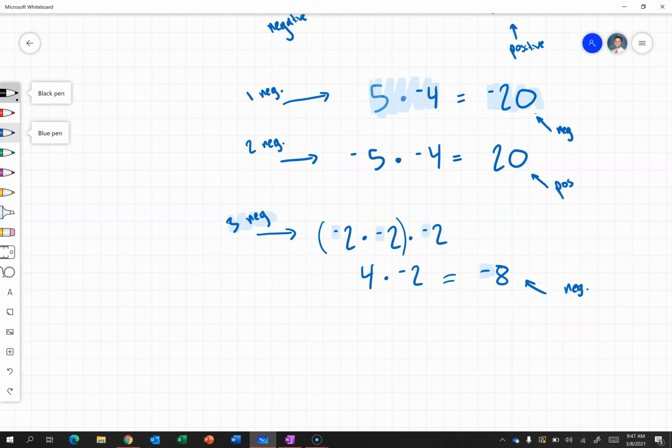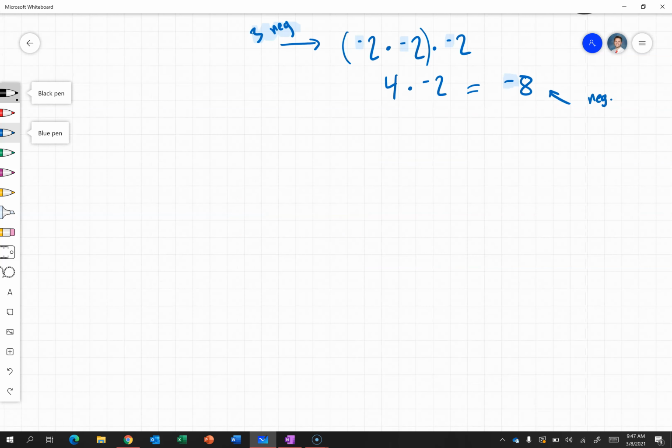So when you multiply integers, if you have an even number of negative signs, so 0 negative signs, 2, 4, 6, okay? If the number of negative signs that you see in your problem is even, then your answer will be positive. If the number of negative signs that you see in your problem is odd, then your answer will be negative. Okay, now the same actually applies when we divide as well.